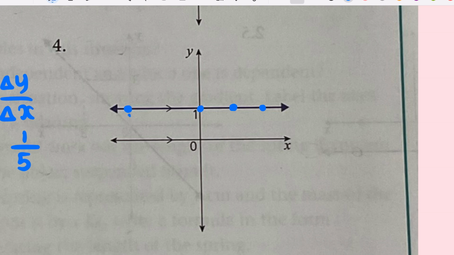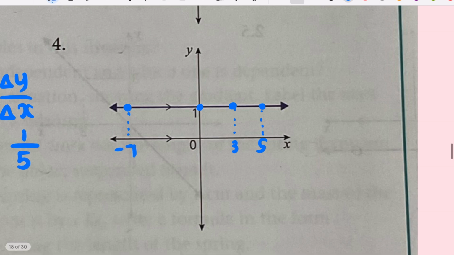So it doesn't matter what the x value is, let's say that's 3, 5, -7, the y value will always be 1, which means that the equation of this line is y is equal to 1, okay? So that's our equation. And for a horizontal line, all that you need to remember is that its gradient is always equal to 0. So whenever you have a horizontal line, the gradient is always equal to 0.